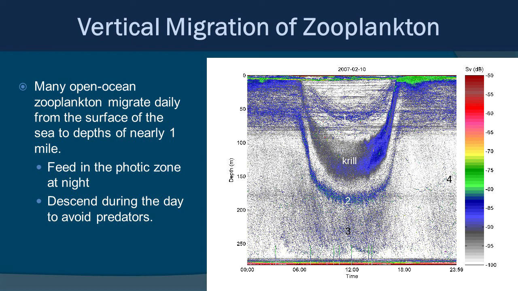So if they spend their daylight hours a mile deep where it's nice and dark, they are more protected. They are more hidden. And then at night, when it's dark at the surface, they come up to that surface and they feed on the phytoplankton that's up there. And then as we get into the daylight hours again, they reverse course and sink for safety, for being hidden.